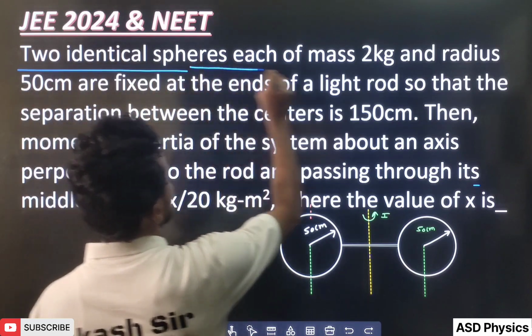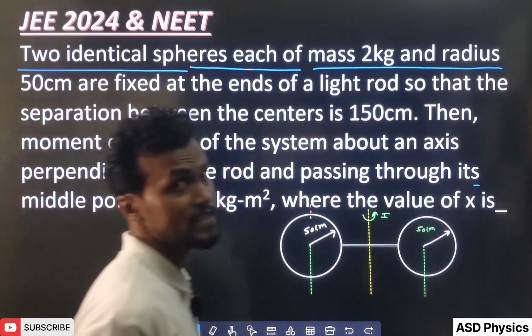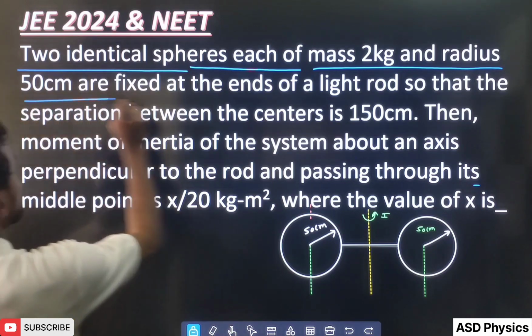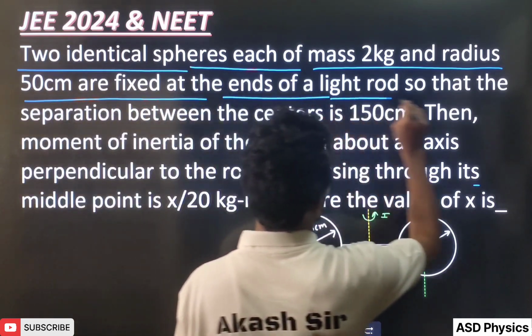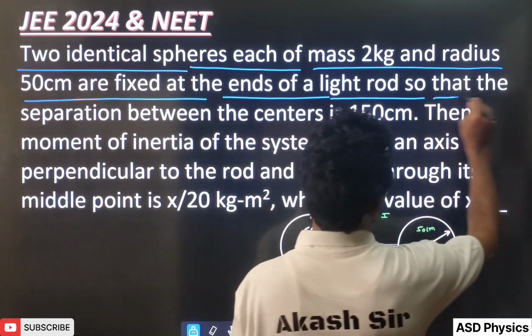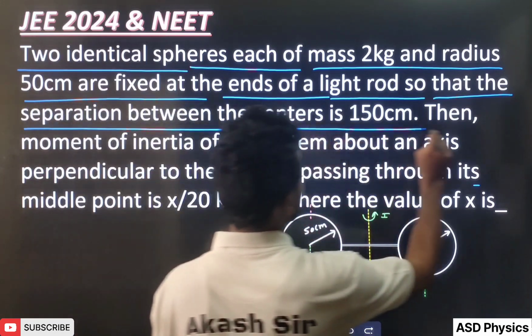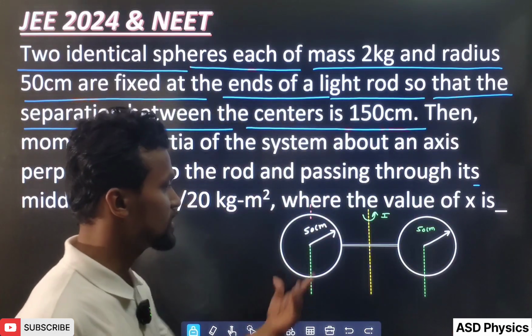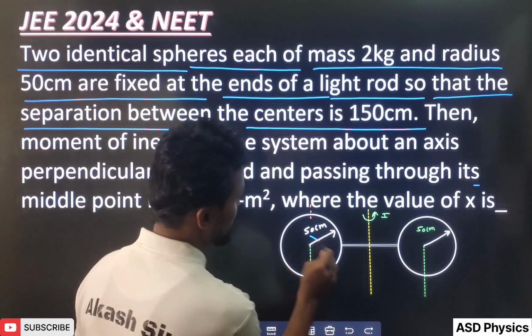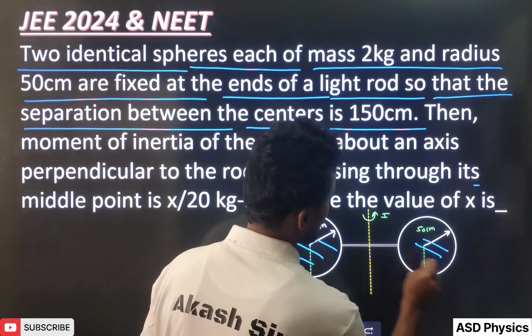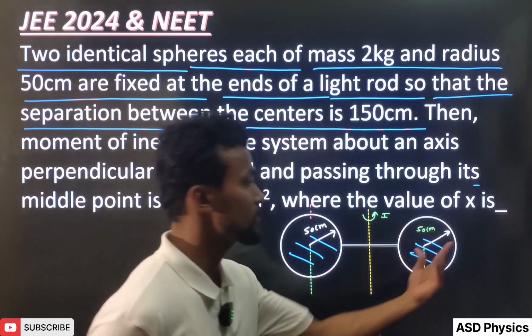Two identical spheres, each of mass 2 kg and radius 50 centimeter, are fixed at the ends of a light rod so that the separation between the centers is 150 centimeters. So here, this is one sphere, solid by default, and this is also solid. Radius is 50 centimeter, 50 centimeter.